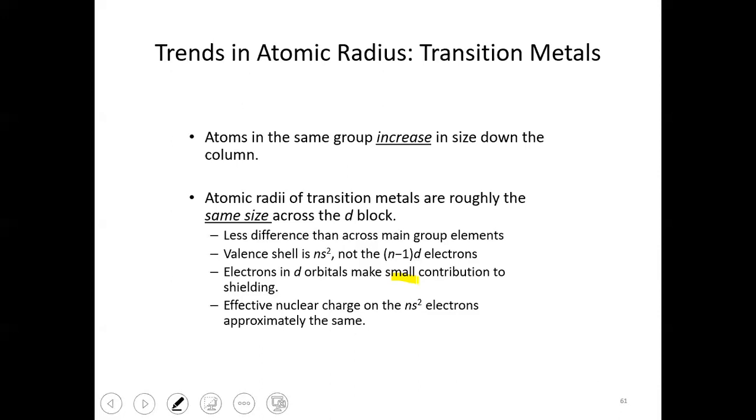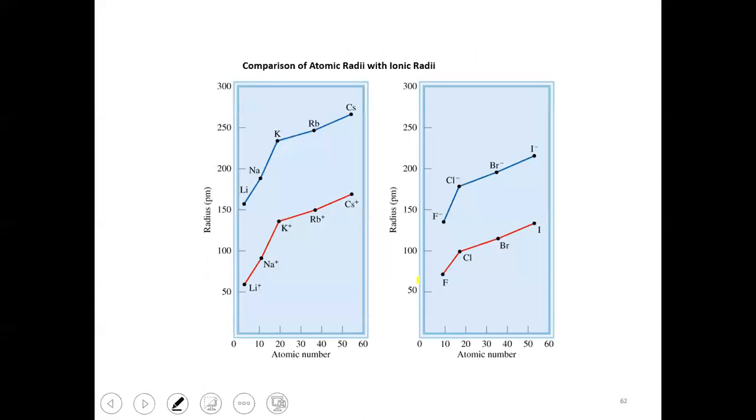All right. Another question that we can ask is, what about ions? What happens with ions? So here on the left, you can see the group 1 elements from lithium to cesium, and then their respective ions. And the trend is obvious, right?